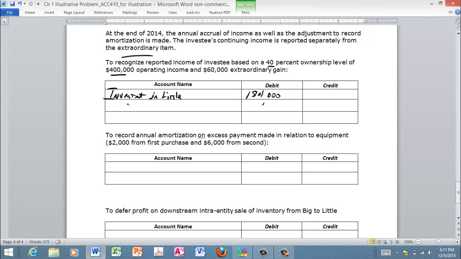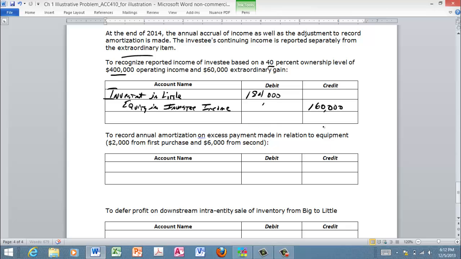Now, the credit is an income statement account, a period account, remember. So I'm going to have this on my P&L. P&L is profit and loss, my income statement. So the credit is called equity in investee income, for the $160,000.